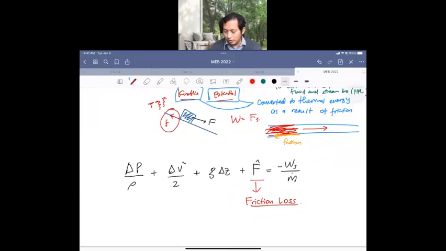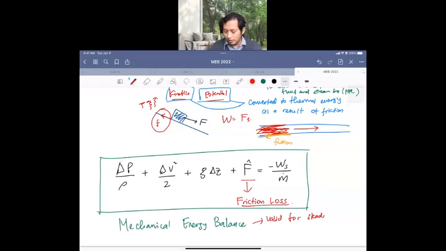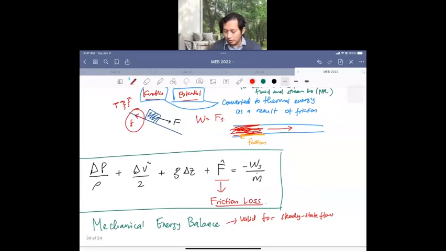And thus, we call this a general formula for the mechanical energy balance, and it should be valid for steady state flow of incompressible fluid.